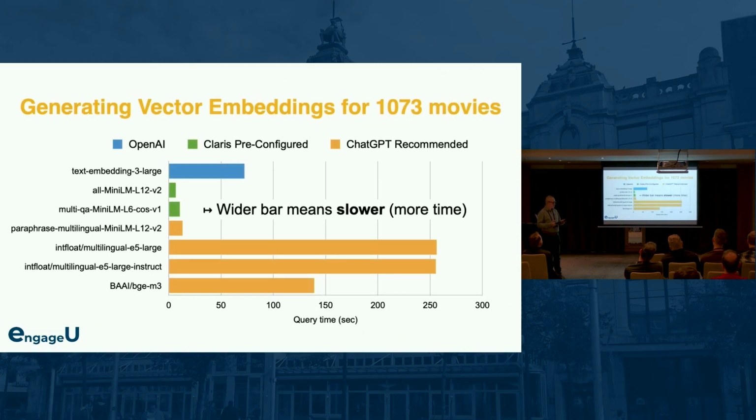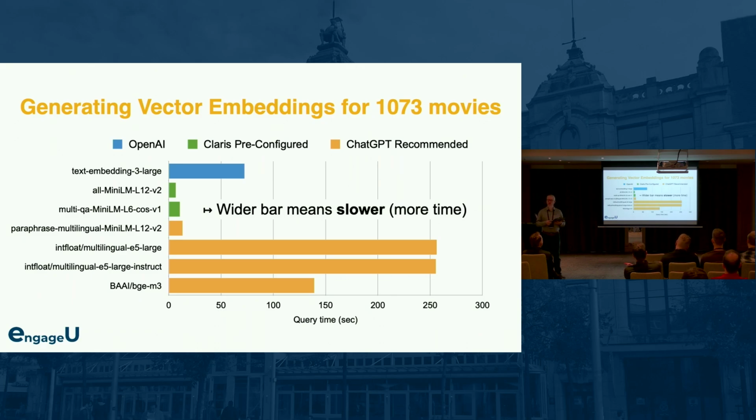So as you can see, for the embeddings, OpenAI was relatively good, returning the embeddings in under 100 seconds for all the 1,000 movies.